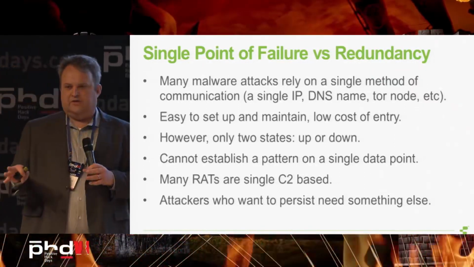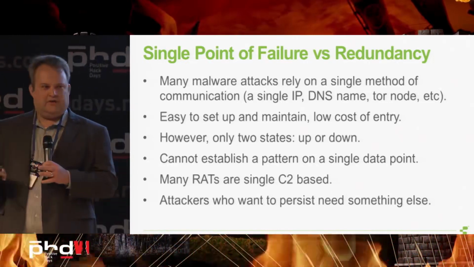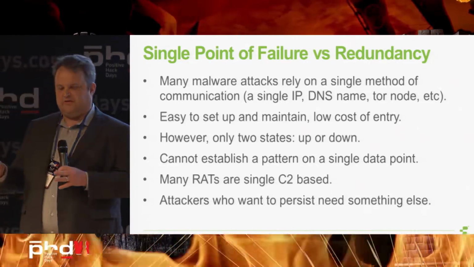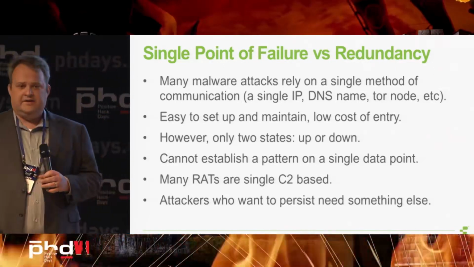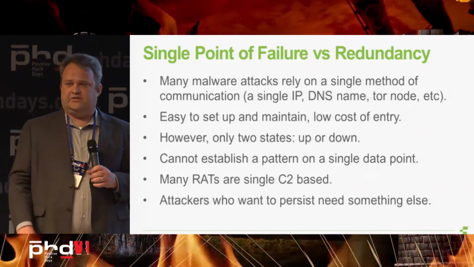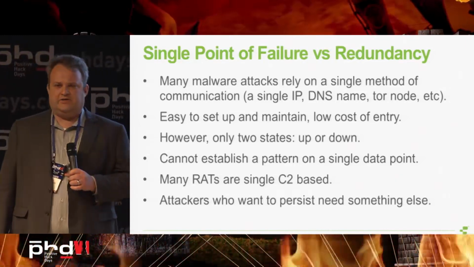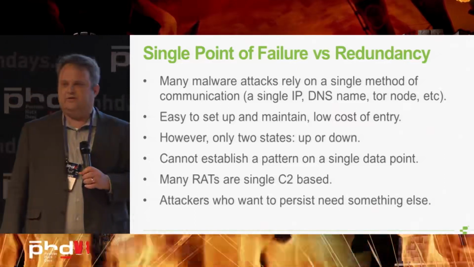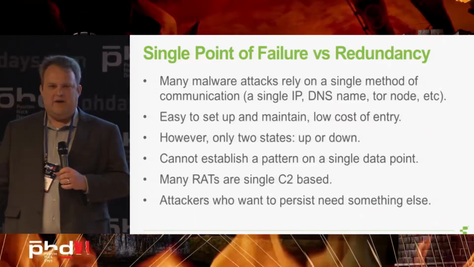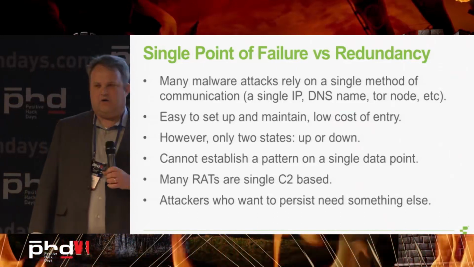So the state of C2 is either up or down. There's no ambiguity. It's very easy to set up and low cost to maintain. Entry-level adversaries tend to do this because they don't have a lot of time or experience in setting up C2s correctly. They just want to make money quickly or commit crimes quickly.